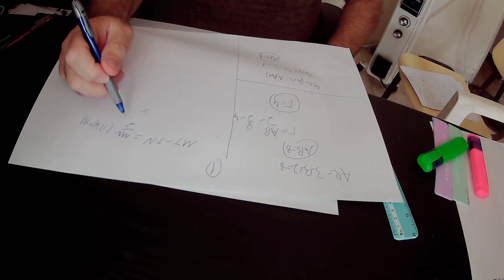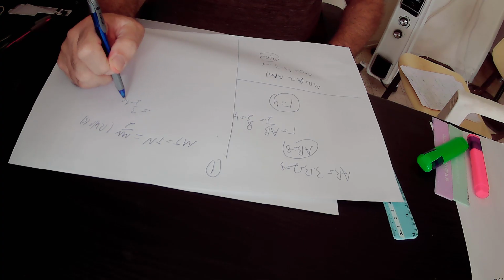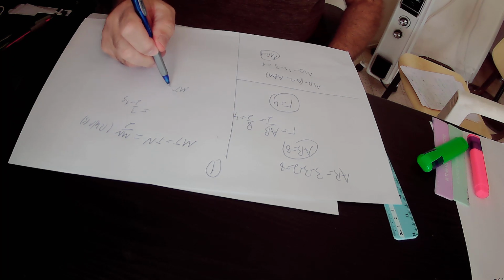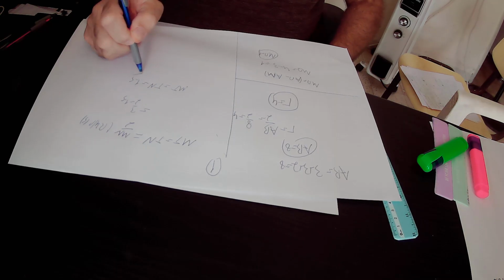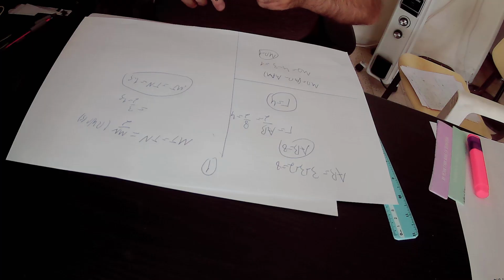MN is 3, therefore MN over 2 is 3 over 2, that is 1.5. So in total, note that MT equals TN equals 1.5 units.